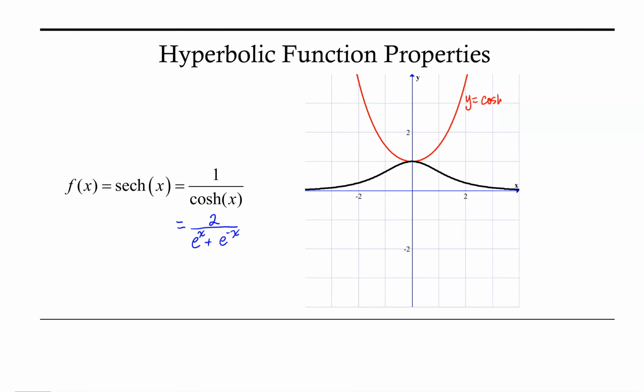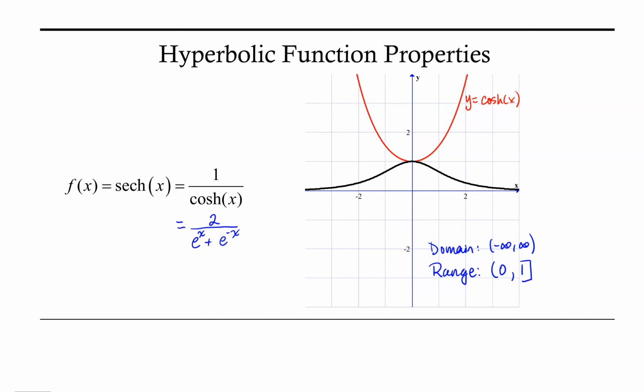So our cosh function is here in red, and our sech function is provided in black. Now, the domain of the sech function is all real numbers. So domain is negative infinity to infinity, and the range is from 0 to 1, not including 0.